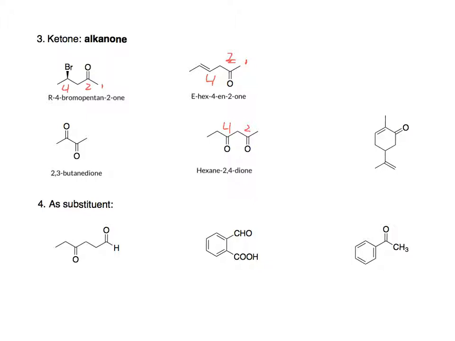The following compound is more complicated than the other examples we've seen. In this molecule we have a ketone functional group and we also have an alkene, so we can name this molecule as a cyclohexenone, and we also have a number of substituents. First, we number the ring so that the carbon bonded to the ketone functional group is numbered 1, followed by 2, 3, 4, 5.